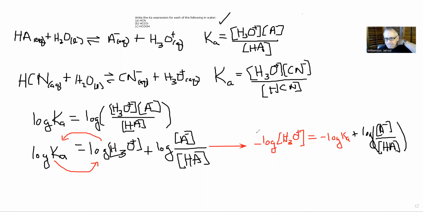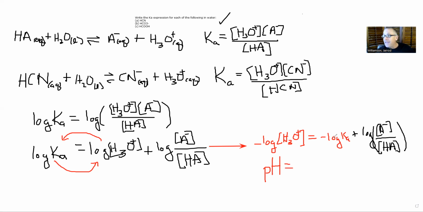We recognize this minus log of H3O plus. That is the pH, where P means the power, and this means the power of the H3O plus concentration.